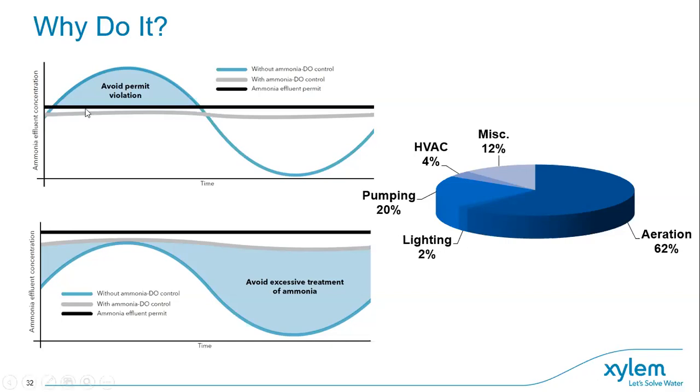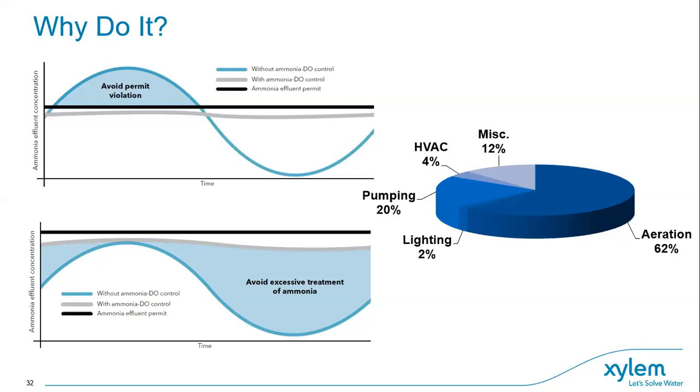So in this scenario, we see a fixed DO control, obviously a permit for the ammonia effluent going out, and as we see on the top graphic, there are elements where we're over treating and meeting process discharge consents, and an element where actually we're not treating enough ammonia. We don't understand the ammonia coming on, so we're just plugging along for the fixed DO set point and not treating as much ammonia as we need to.